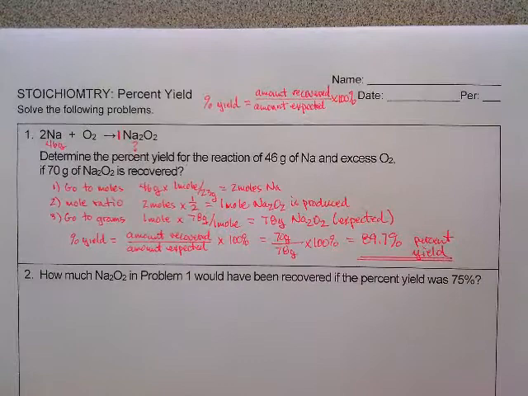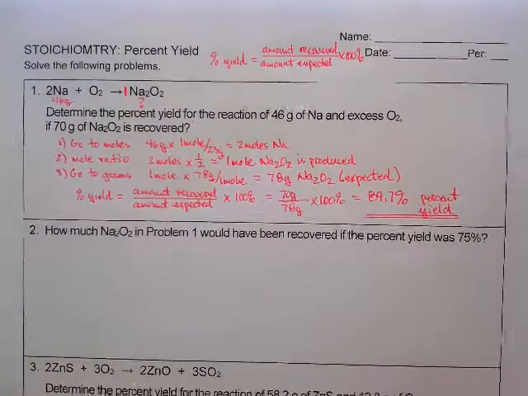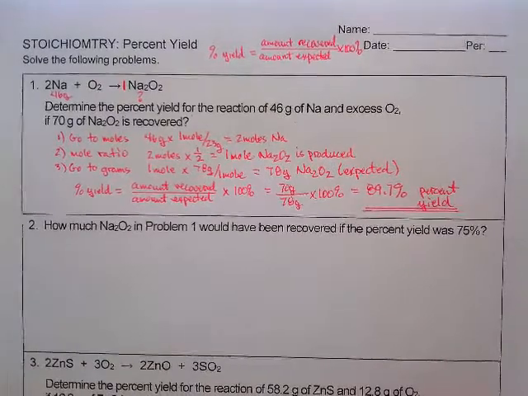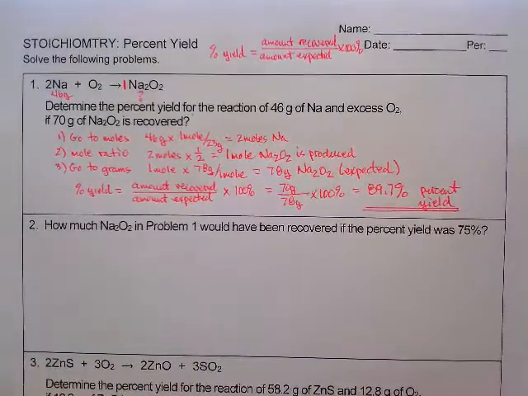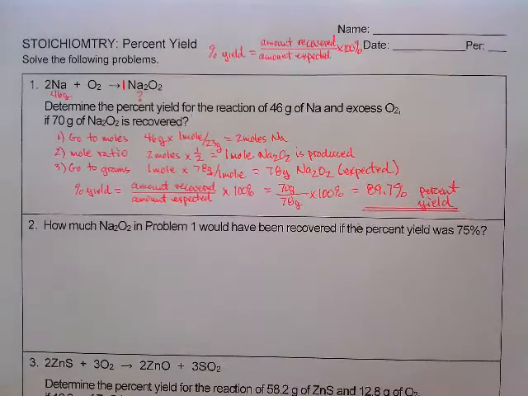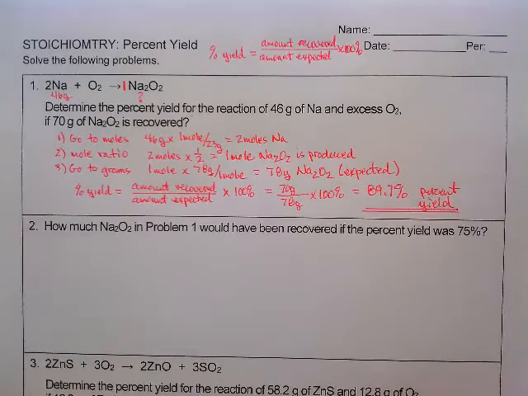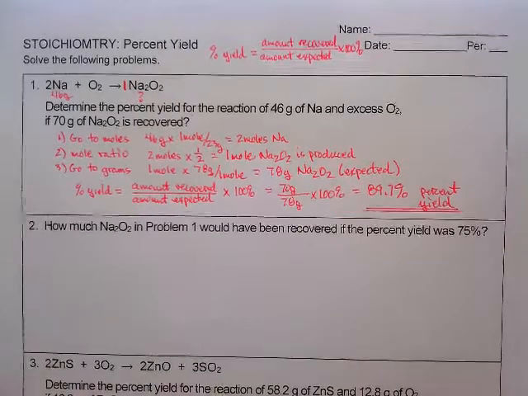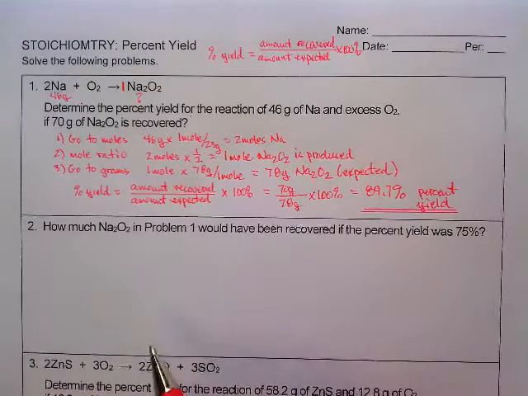Now, we're going to kind of come at this problem from a different direction. Let's suppose that we had done this particular procedure a number of times, and we consistently came out with a percent yield of 75%. So, how many grams of Na2O2 will we actually recover? So I can kind of go in the opposite direction.